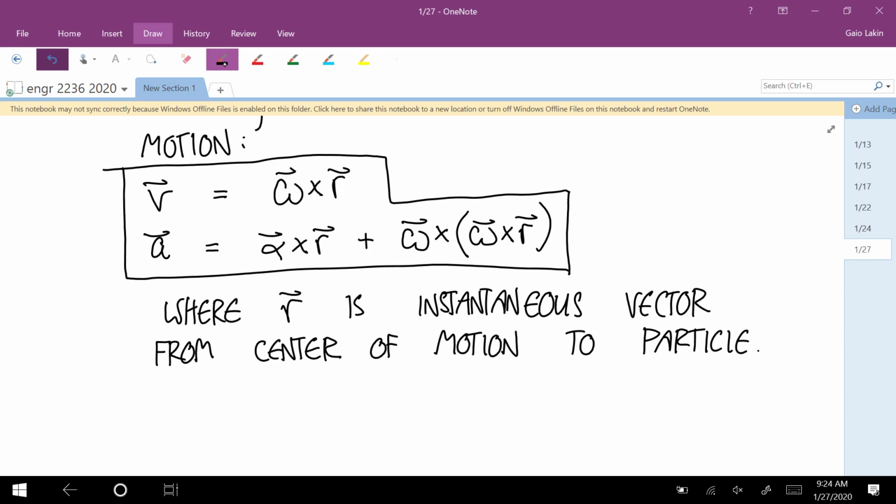Okay, and then the direction you had to do for yourself. If you're dealing with it in the XY plane, then it's just going to be in the positive z or negative z direction. Okay. Well, now these equations, it's the same formula, but doing it with the vectors and the cross product, it gives you the direction. You don't have to think about the right-hand rule and stuff. It'll do it for you.